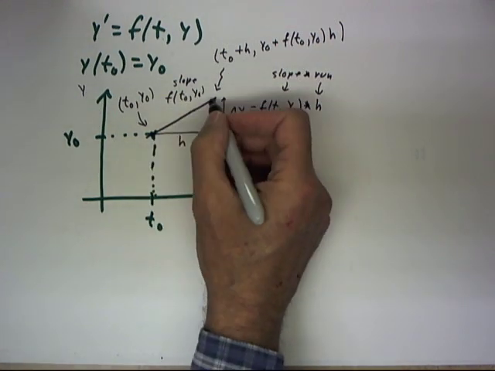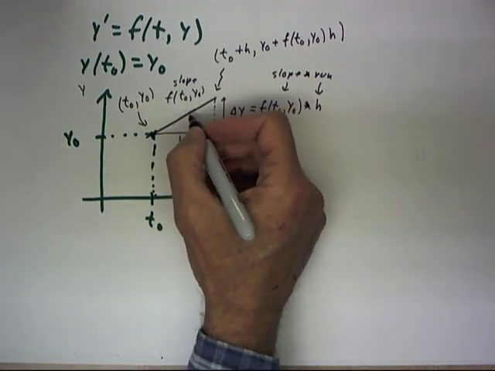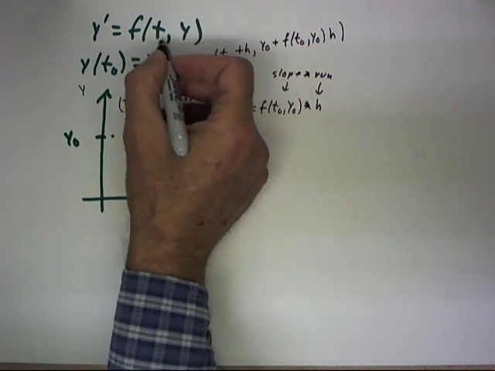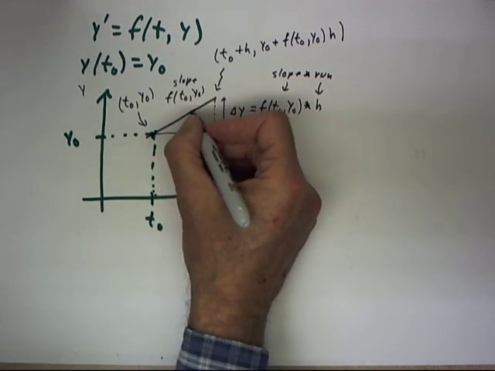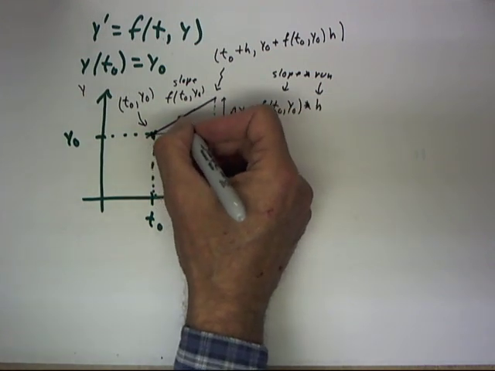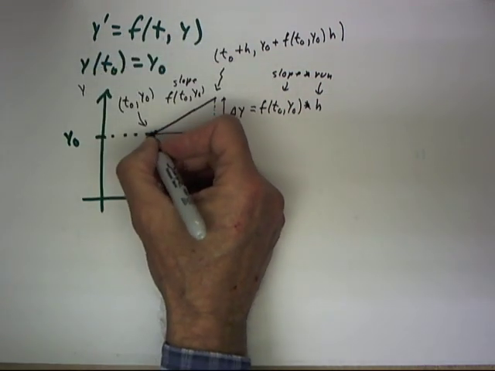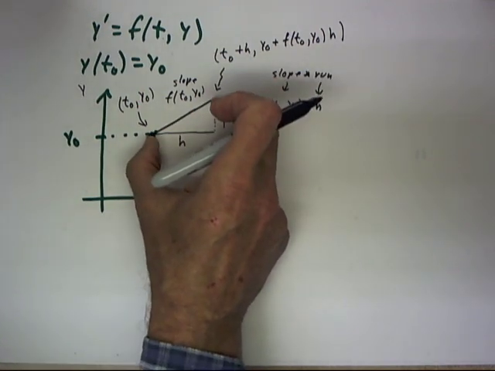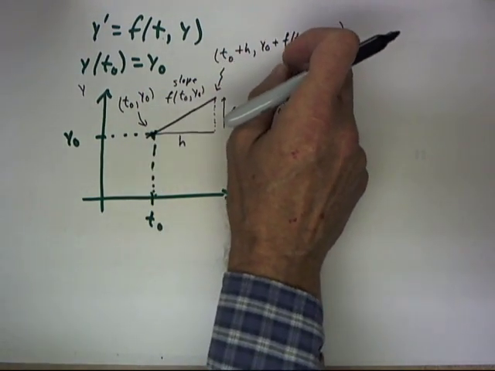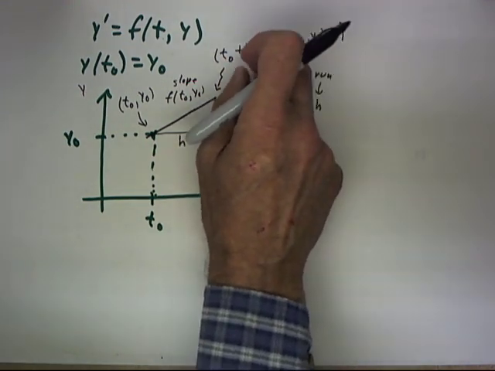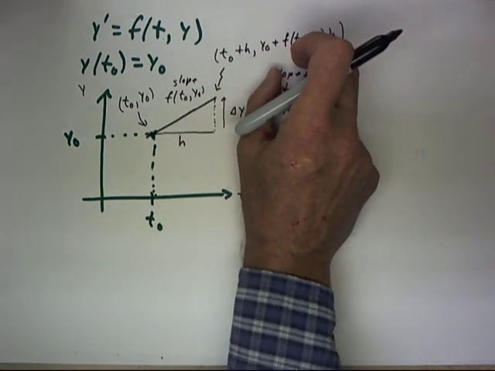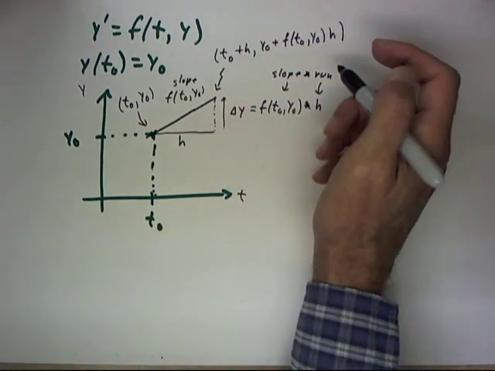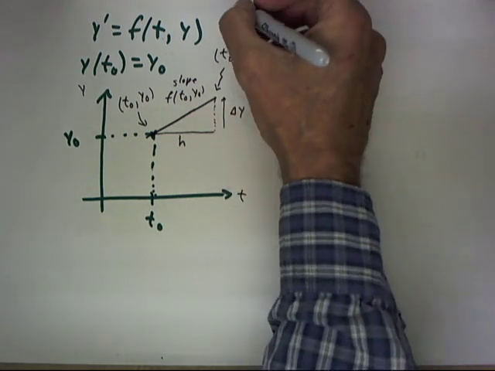Now that's not an exact point on our graph, because presumably there's no reason to assume that this function is going to be the same at every point along this line, which means that the slope of the actual graph is going to be changing as we move from here to here. But if this is a small distance, then this will stand to be a half-decent approximation, and we can quantify how good the approximation is likely to be, but let's just worry about the process for right now.